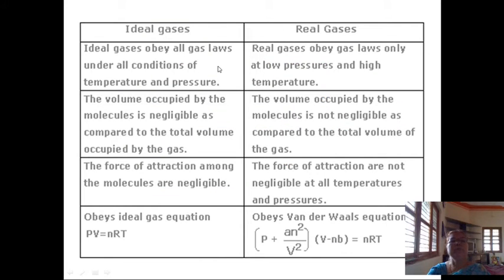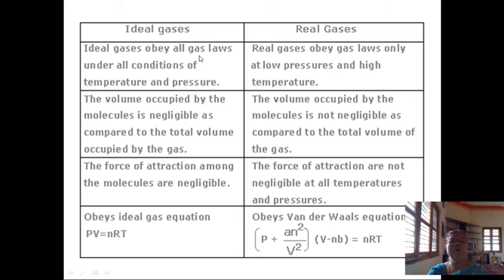Then you have studied the difference between ideal gases and real gases. We revise the difference between ideal and non-ideal gases, or real gases. All of you know, ideal gases obey all gas laws at all conditions of temperature and pressure.